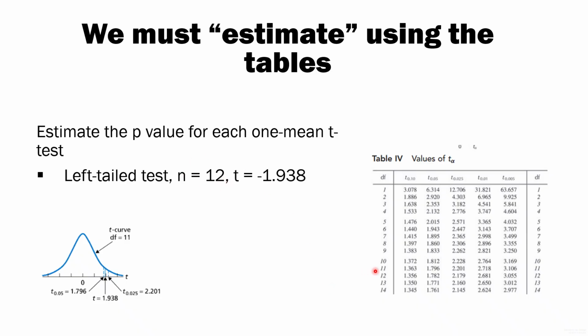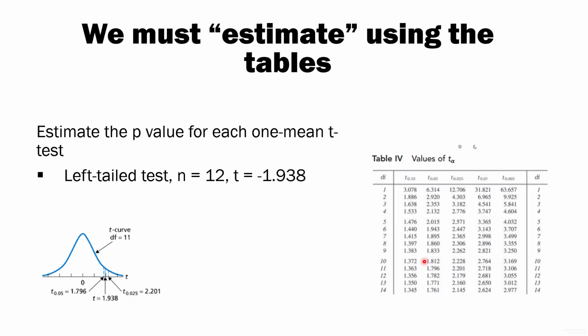And you go into the row 11, okay? And you try to find the number that is closest to your value, 1.938. So in row 11, you can see that 1.938 falls in between 1.796 and 2.201. It's somewhere in between here. It straddles that line.